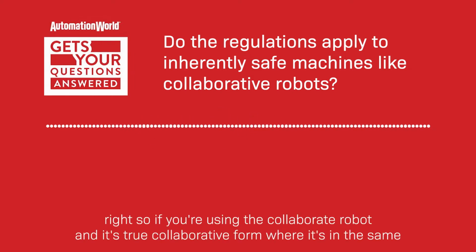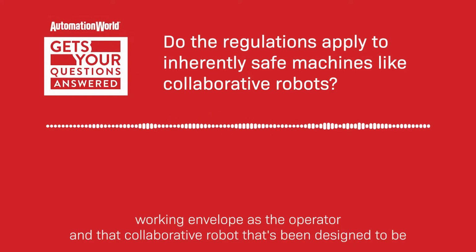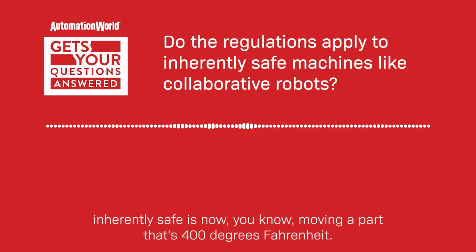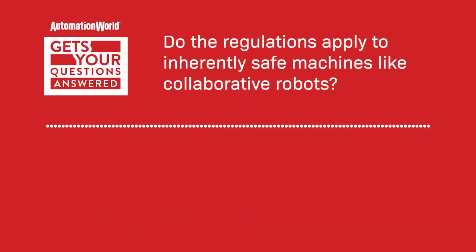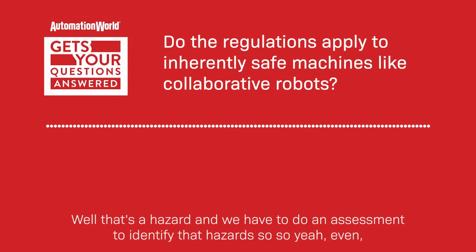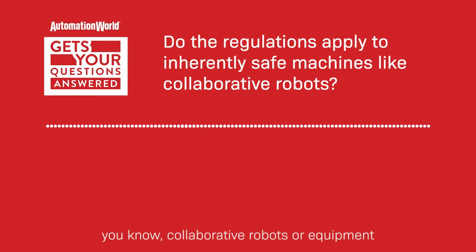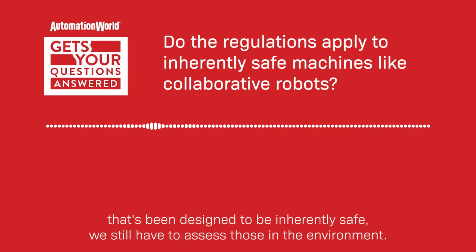If you're using a collaborative robot in its true collaborative form, where it's in the same working envelope as the operator, and that robot, designed to be inherently safe, is now moving a part that's 400 degrees Fahrenheit, well, that's a hazard, right? And we have to do an assessment to identify that hazard. So yes, even collaborative robots or equipment that's been designed to be inherently safe, we still have to assess in the environment.